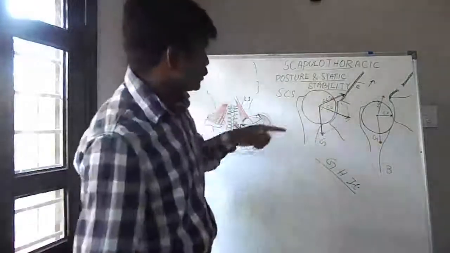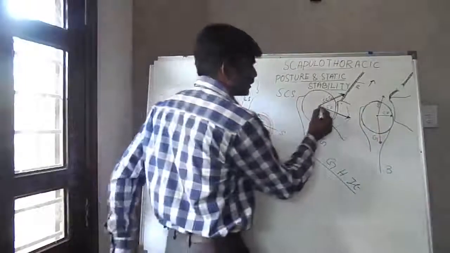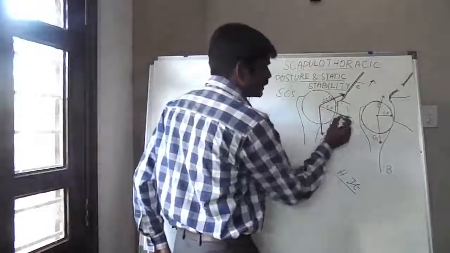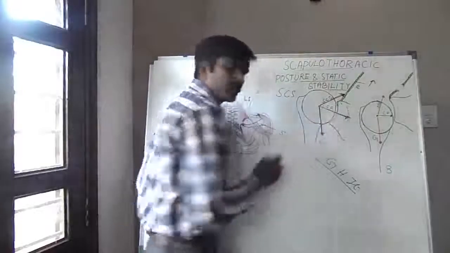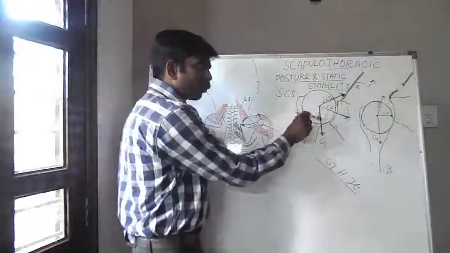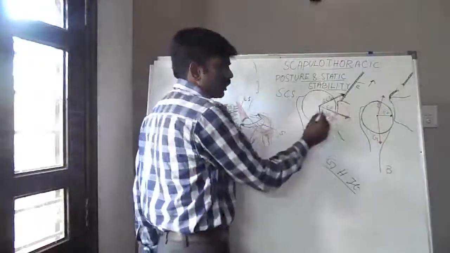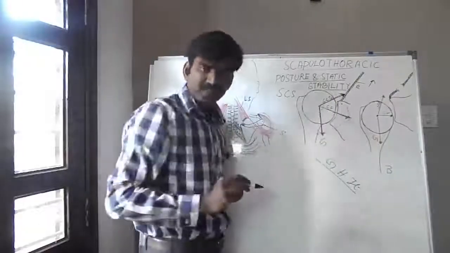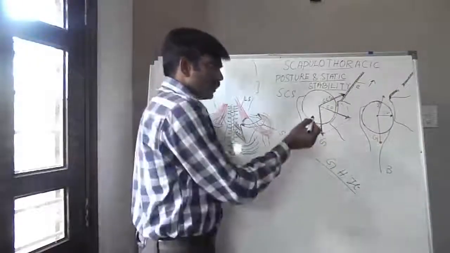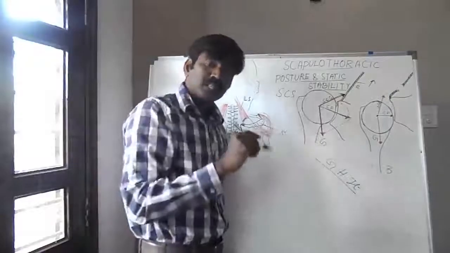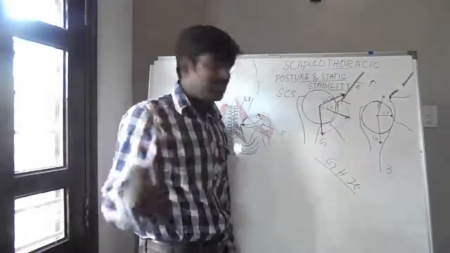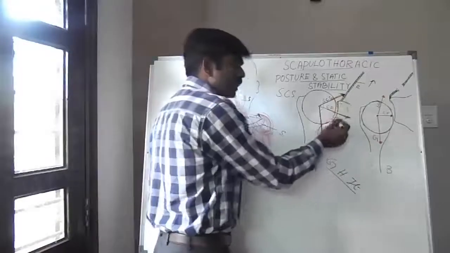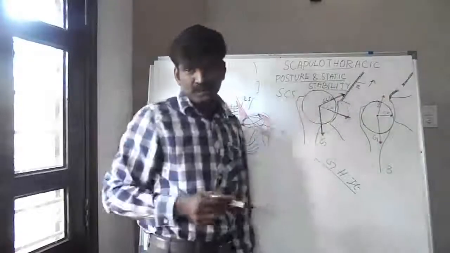Clear? So here, this is the compression force. This compression force locks the humerus with the glenoid cavity. Clear? This locking will be present only when the scapula is in ideal posture.